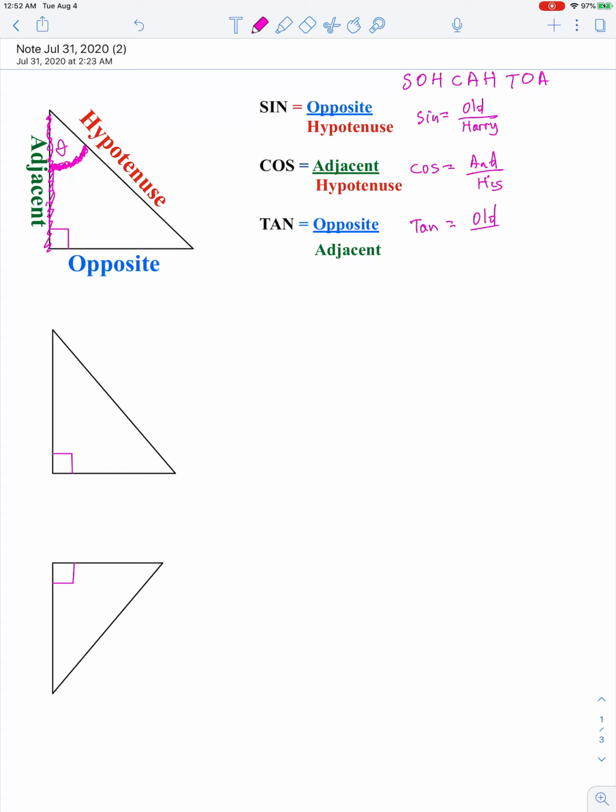Old Aunt. That's the way I learned it. So sine is equal to Old Harry, cosine is equal to And His, and tan is equal to Old over Aunt. It worked for me, man. If it works for you, that's fine. If SOHCAHTOA works for you, that's fine. Whichever way. But you cannot go around not remembering this. You have to remember this. You have to. There's no way around it.